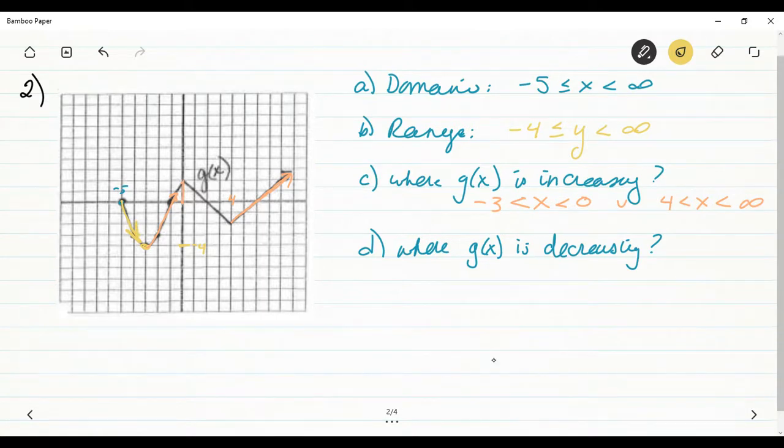So from -5 to -3, we are decreasing. After that, we decrease again for this second piece right here from 0 to 4.